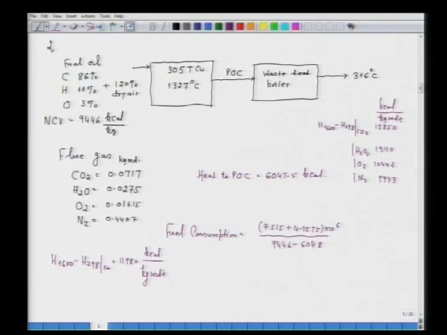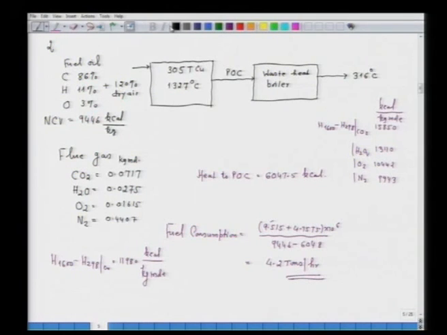So, from this you can calculate the heat content, 305 tons you convert into kg mole, multiply it, that will be 9.515, half of it is lost on the furnace. So, that is how you will be calculating, and this answer will be equal to 4.2 tons per hour. So, that is how you will be calculating the fuel consumption for A part.